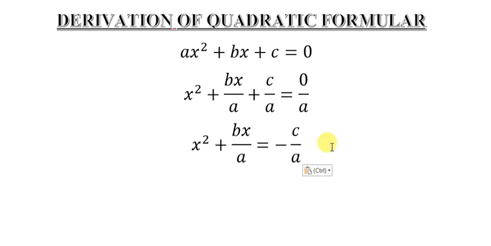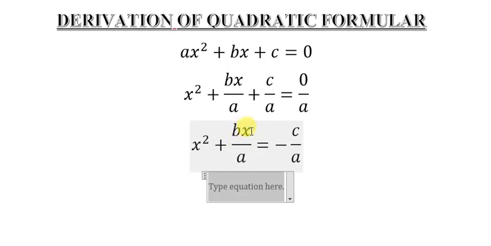At this point, the next thing we can do is to, if you remember, add the square of half of the coefficient of x to both sides of the equation. Again, we add half of the coefficient of this x to both sides of the equation.